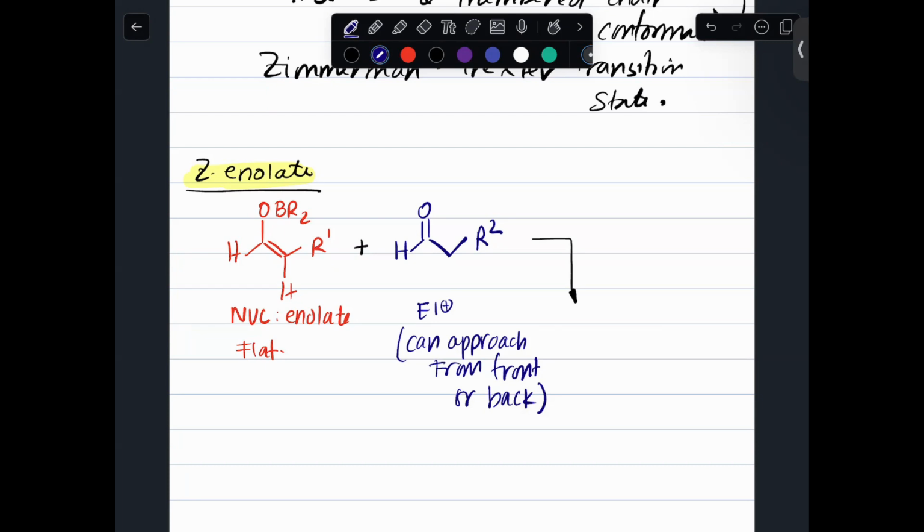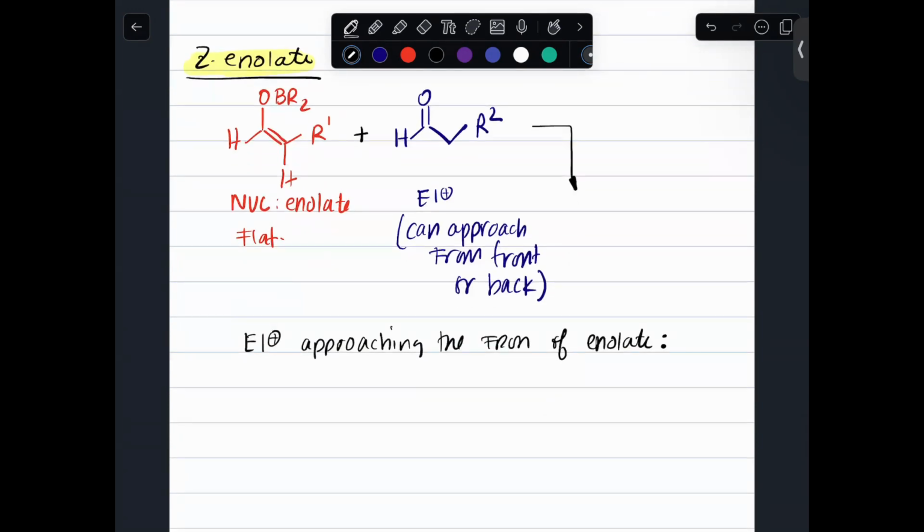So let's first talk about the electrophile approaching the front of the enolate. Now, because it's a six-membered ring transition state, the Zimmerman-Traxler transition state, we need to redraw our enolate.